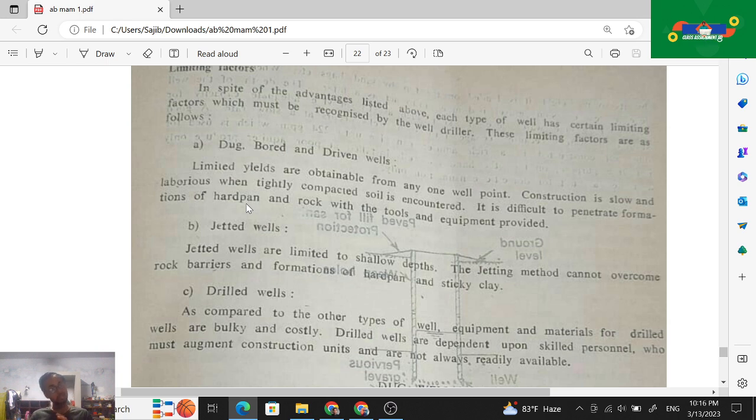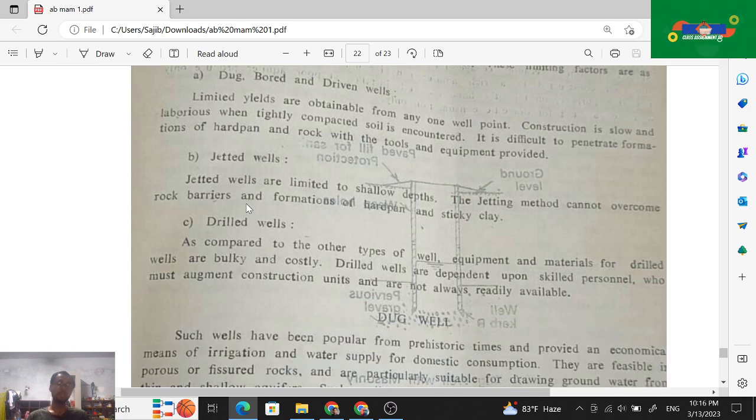So, limited yields are obtained from any one well point, and construction is slow and laborious when tightly compacted soil is encountered. It is difficult to penetrate the formations of hardpan rock with the tools and equipment provided. In jetted wells, they are limited to shallow depths, and the jetting method cannot overcome rock barriers and the formations of hardpan and sticky clay.